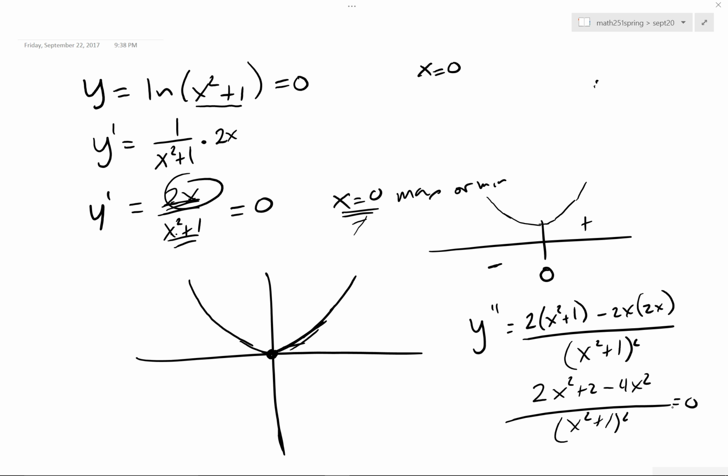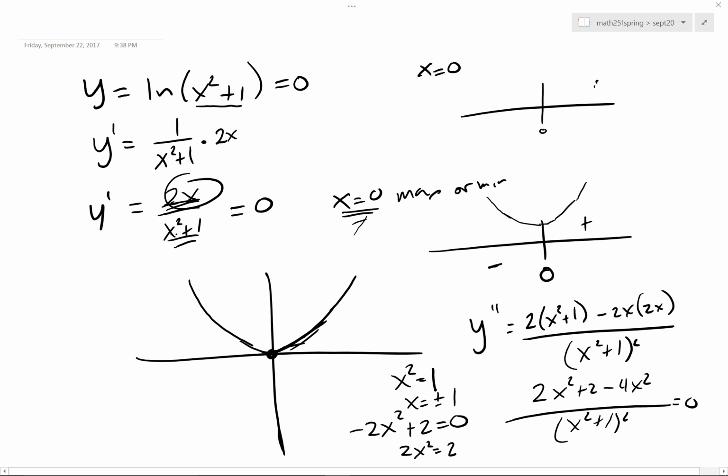Set it equal to 0. Remember, that's when the numerator equals 0. So negative 2x squared plus 2 equals 0, so 2x squared is equal to 2, which means x squared is equal to 1, which means x is plus or minus 1. That tells me that's where my points of inflection are.